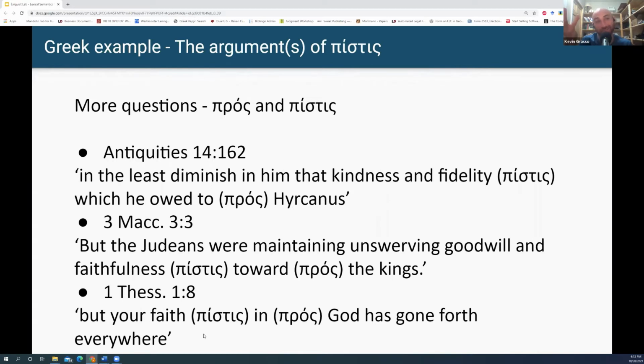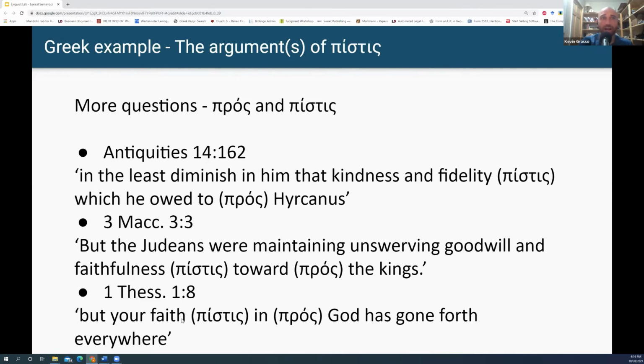It's really interesting, just the difference in translation. Even here, this is Josephus, "and fidelity, pistis, which he owed to Hyrcanus." Very, very different translation: fidelity to Hyrcanus versus faith in God.